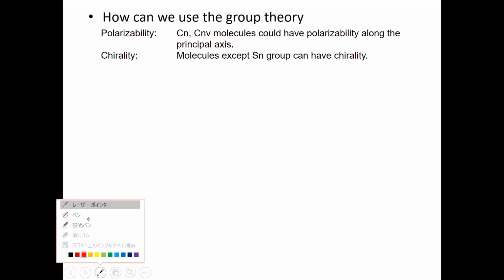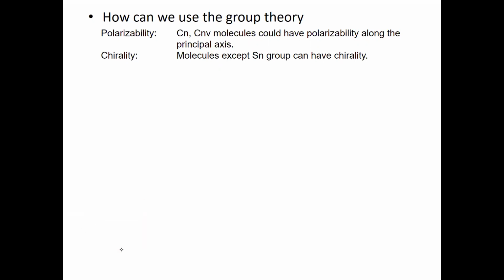It's very intuitive. Cn is like a molecular axis. For example, in the case of water, the molecular axis is here, and Cn is a C2 operation like this, right? And these molecules can have a polarizability in this direction.